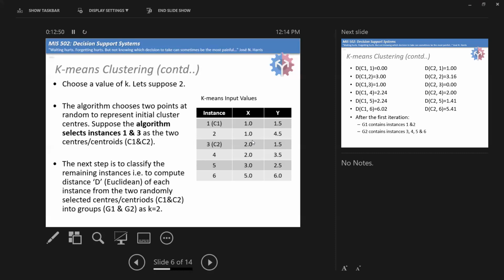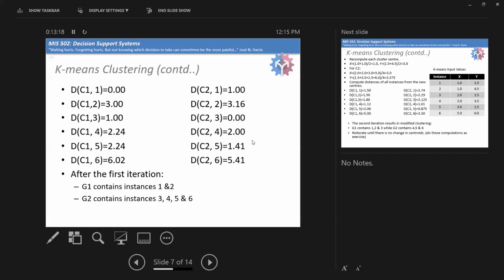Plus what is the y for 1? Okay. So this is 0 and this is what? 3 square is 9, 9 square root is 3, right? See if we have the same answer here.